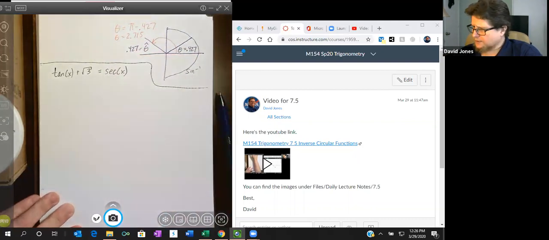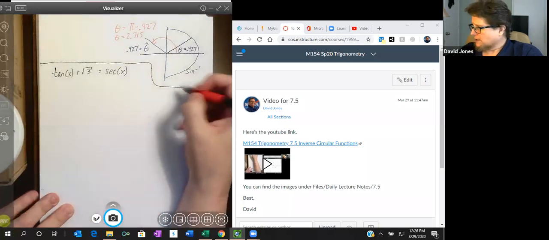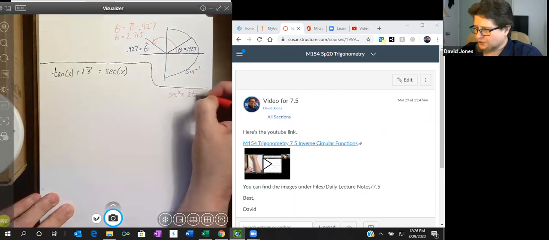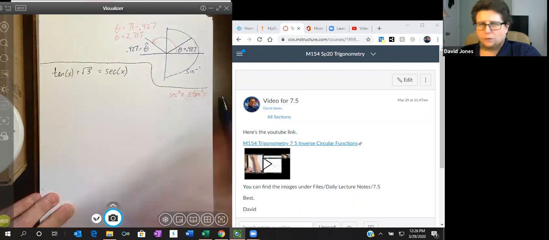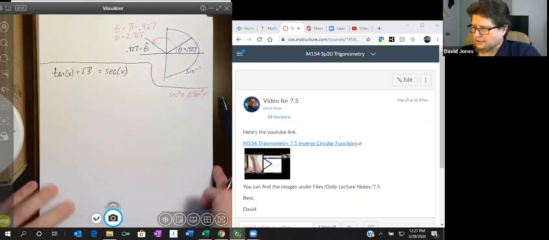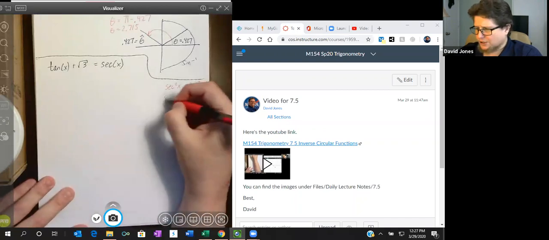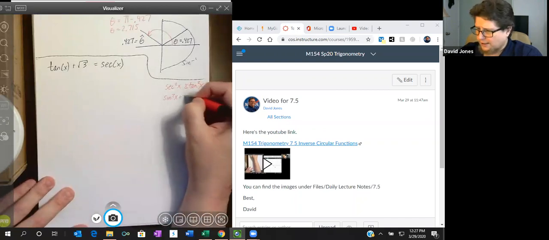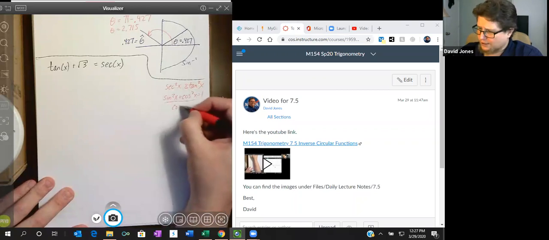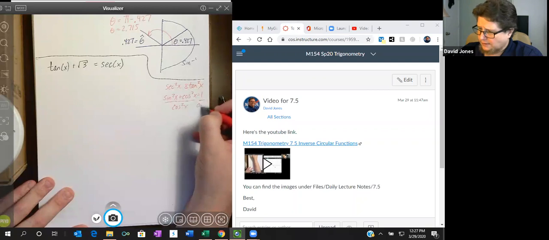So sometimes these are tricky functions to work with, but remember, secant squared and tangent squared had a relationship. What was it? It was when we started off with sine squared plus cosine squared equals 1, and we divided everything by cosine squared on both sides.